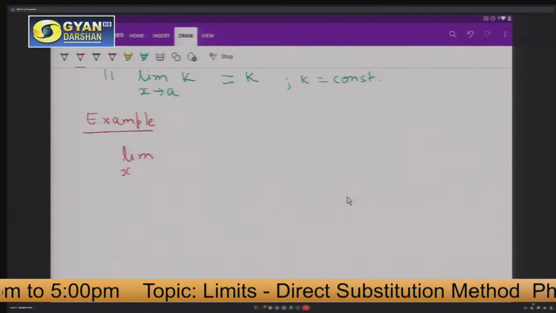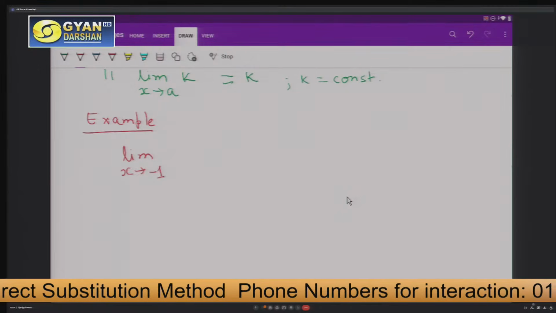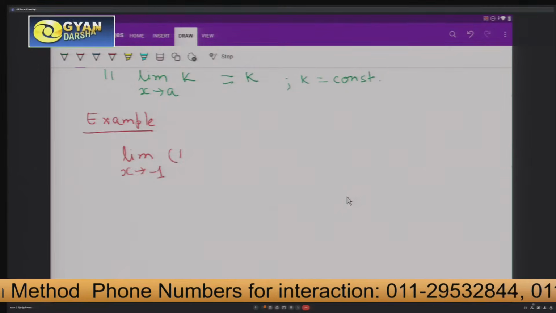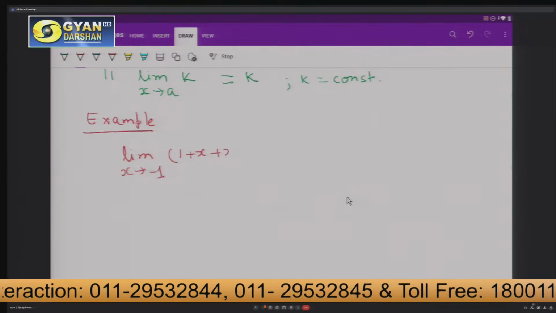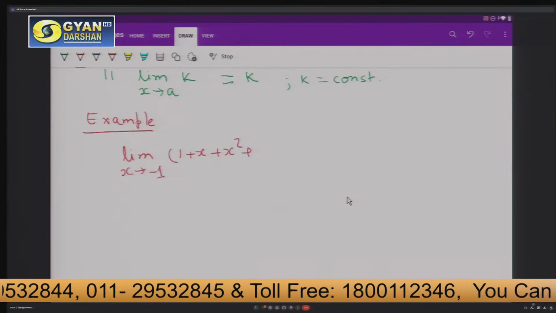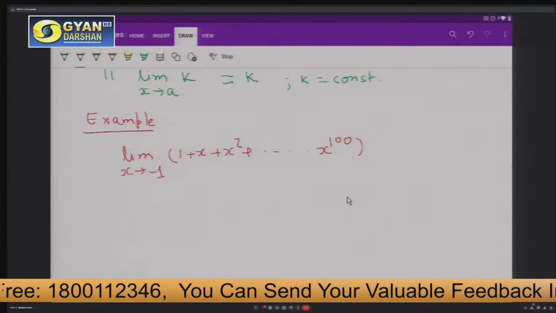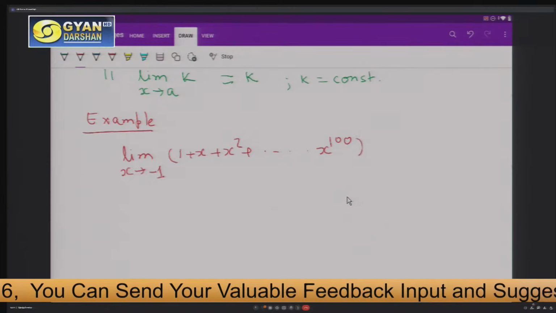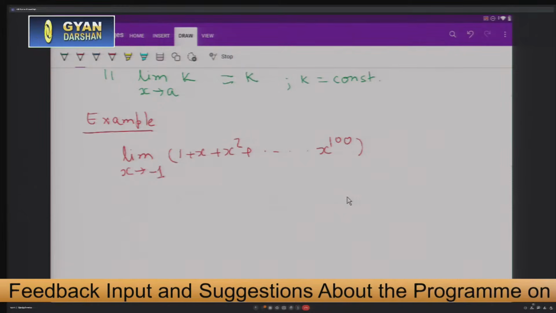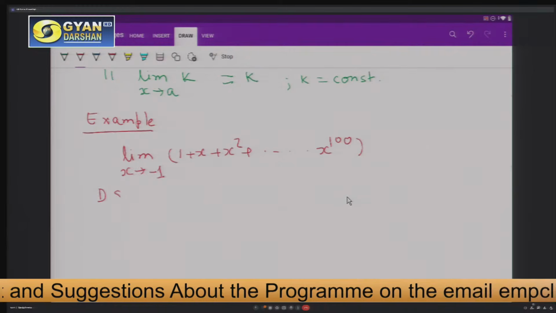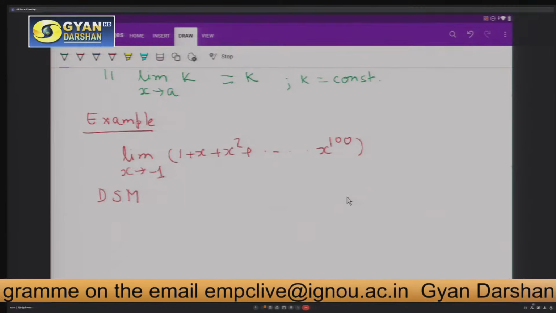Limit x tends to -1 of the function 1 plus x plus x square up to x to the power 100. So by the direct substitution method, we will call it DSM, let us see its solution.